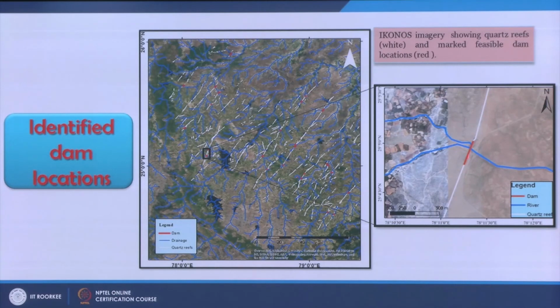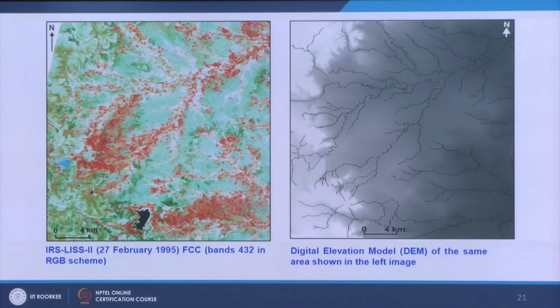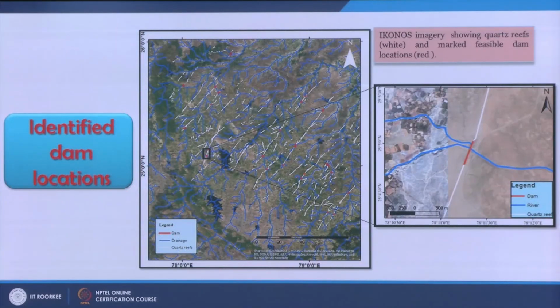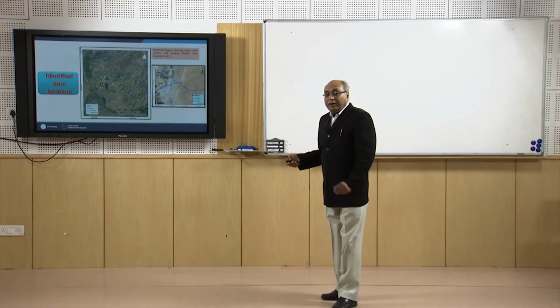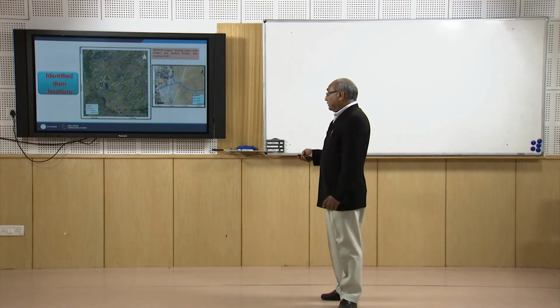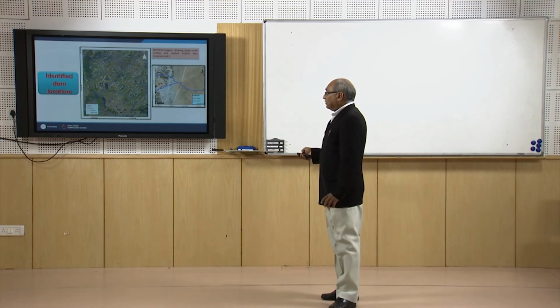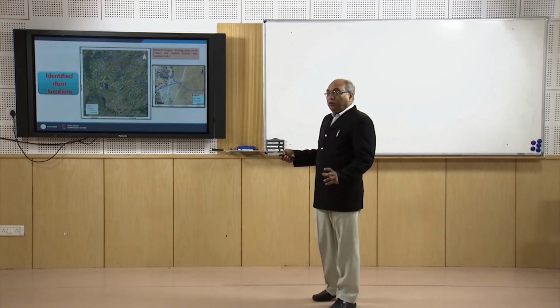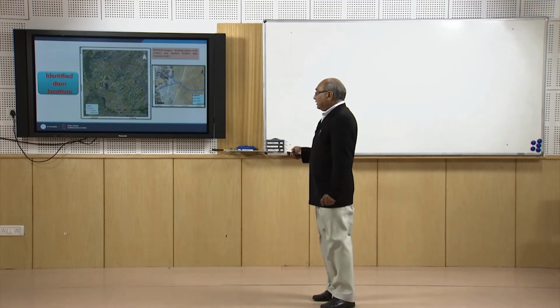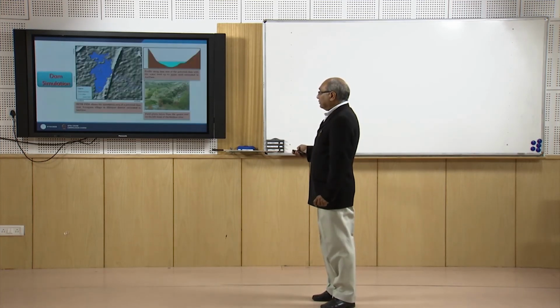If it is blocked, then it can become a reservoir. Probably in the same area or nearby areas, we can do some futuristic work as well using this concept of association, or overall image interpretation. That is the advantage of making good interpretation of satellite images.